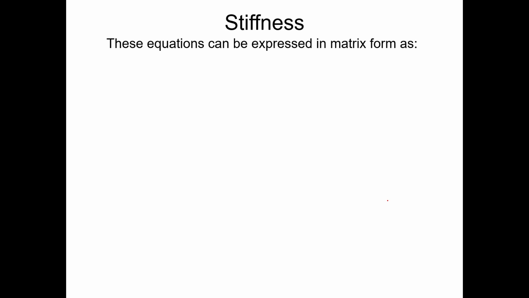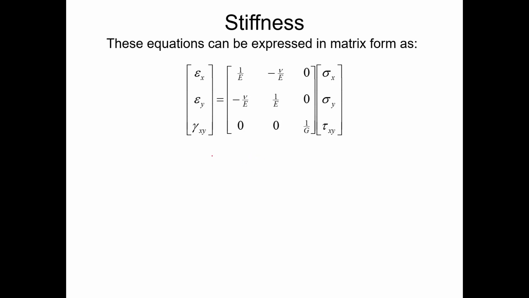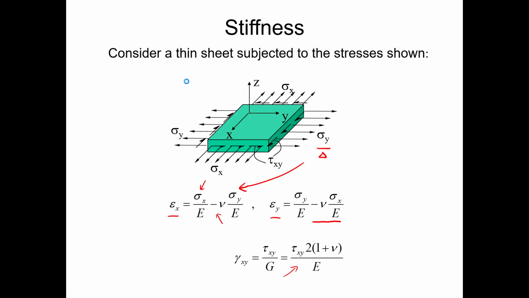Now, we can simply express the equations in a matrix form. If you go back to the equation like this one, you can think about taking out epsilon x, epsilon y, and gamma xy. Okay, that is the left hand side.